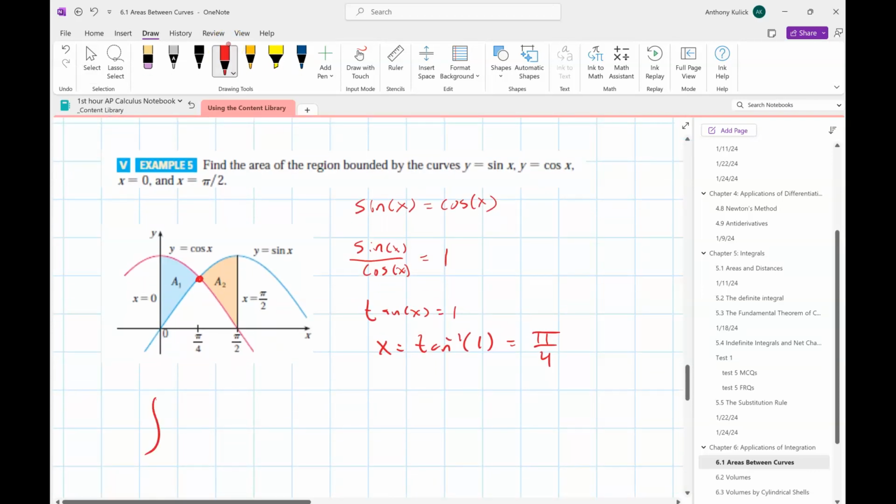So we're doing the integral from 0 to pi over 2 of the absolute value of cosine x minus sine x dx.